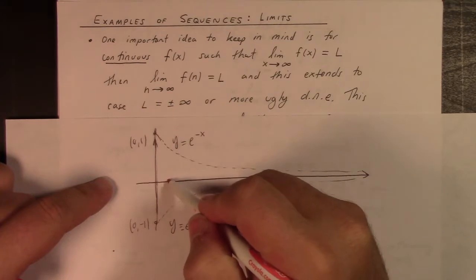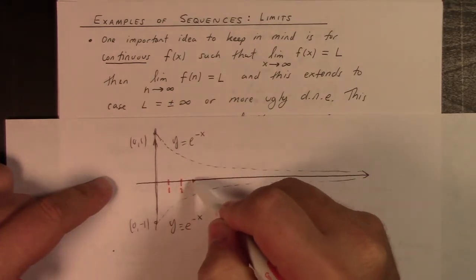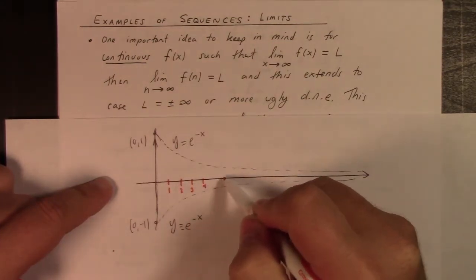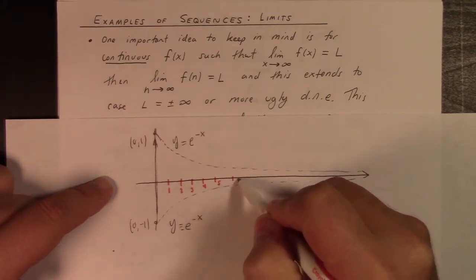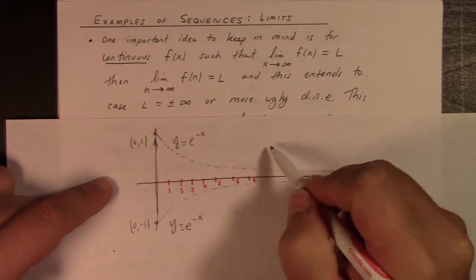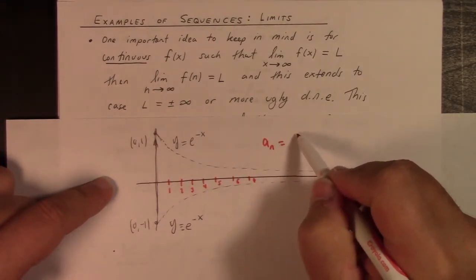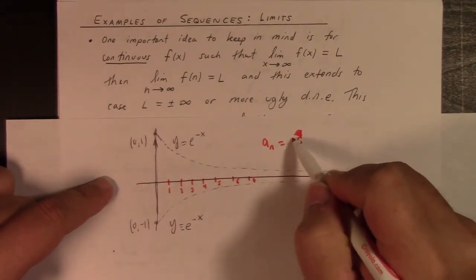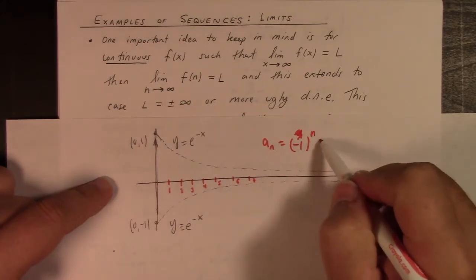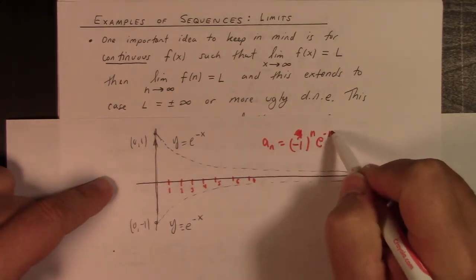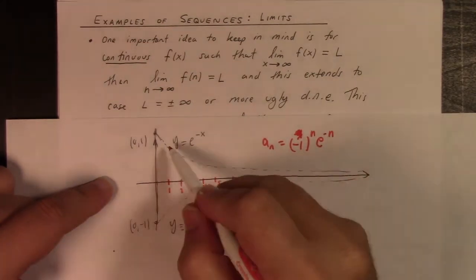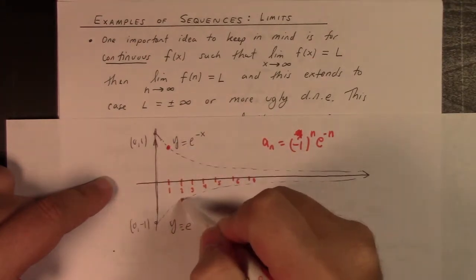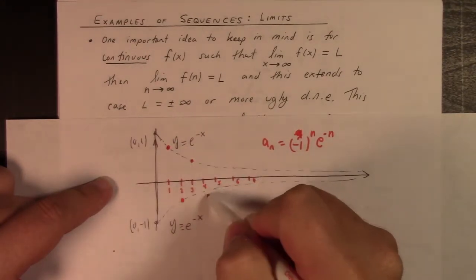So this is 1, 2, 3, 4, and this is not to scale, obviously. If I was to look at a sub n equal to -1 to the n times e to the minus n, then that would start out up here, then the next one would be down here, and then up here, and then down there.